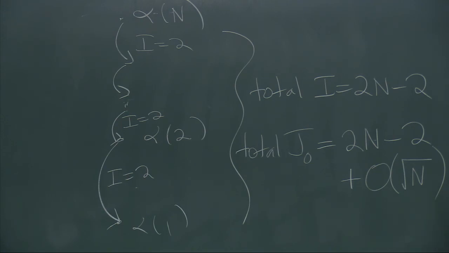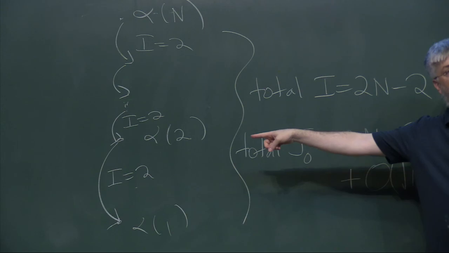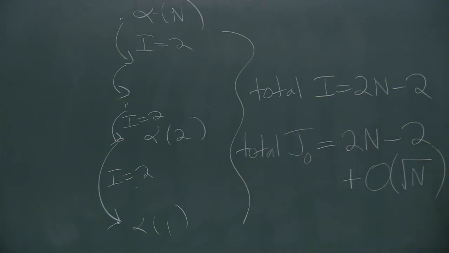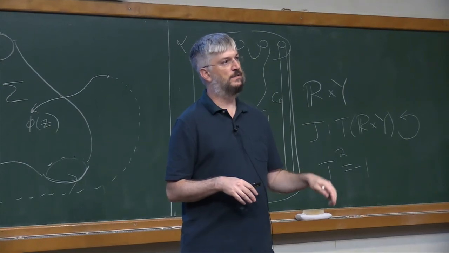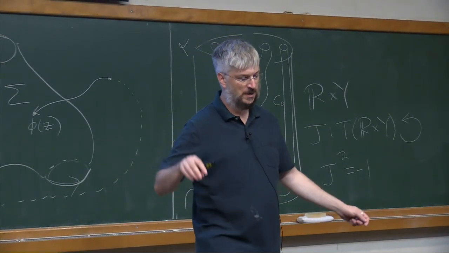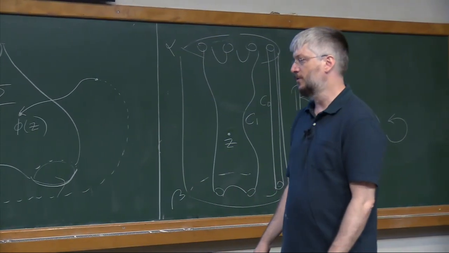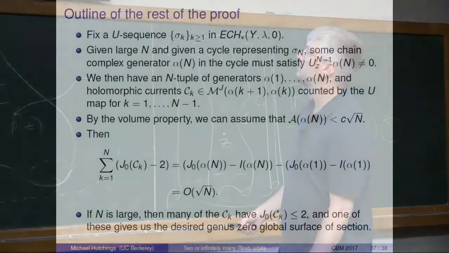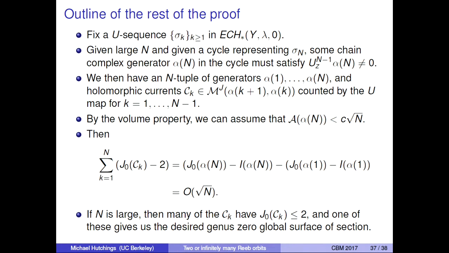So if n is large, then most of these curves are going to have j0 equal to 2. And that basically gives us enough control over their topology to show that one of these curves will have genus 0 and satisfy the other assumptions in the proposition, which are needed to get a global surface of section. So that's the idea of the proof.